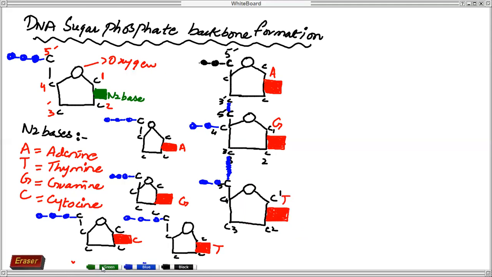Thiamine. And that's how the sugar phosphate backbone is formed.